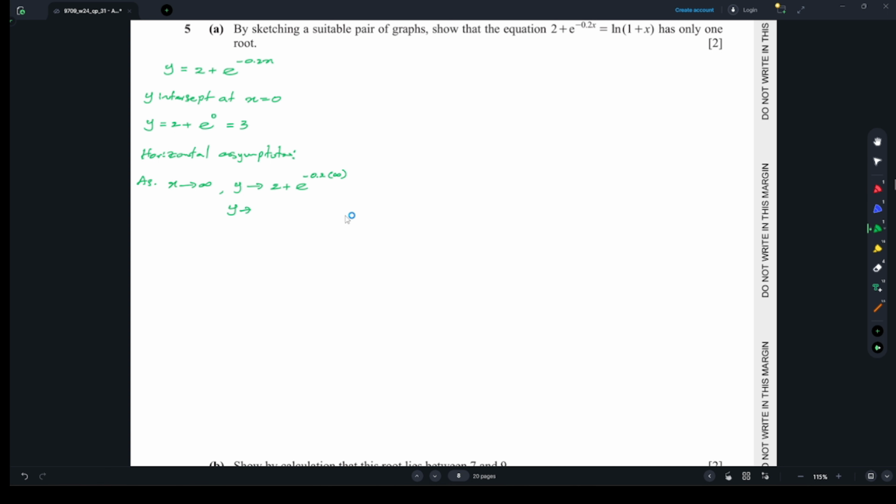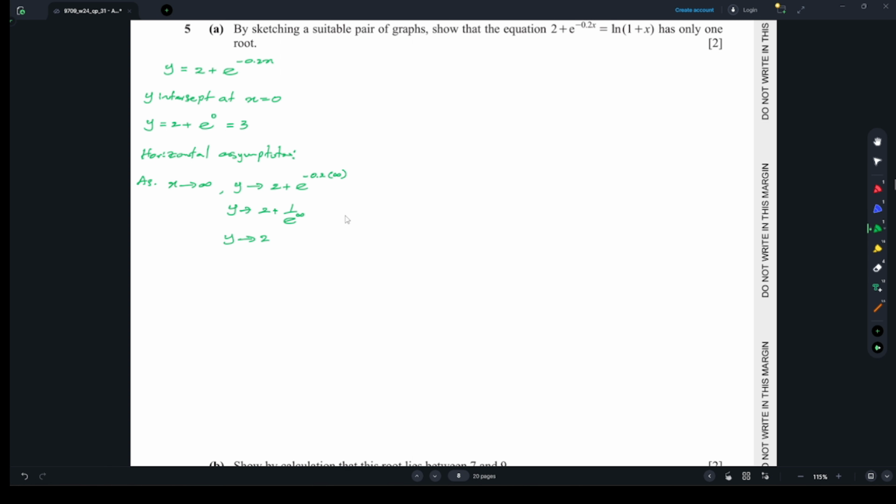So y goes to 2 plus 1 over e to the power infinity. e to the power infinity is infinity, because e is a number, 2 point something, and when you take it to infinity, it is infinity, and 1 divided by infinity is 0. So then y goes to 2.